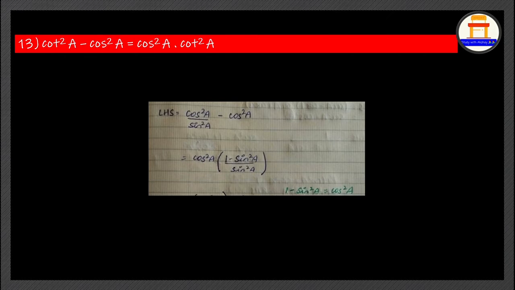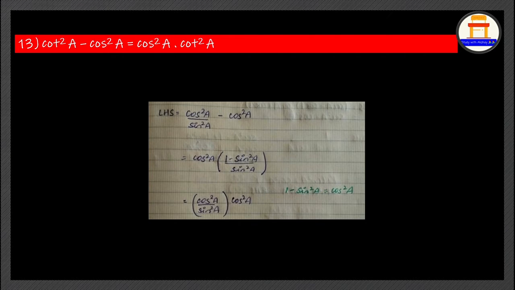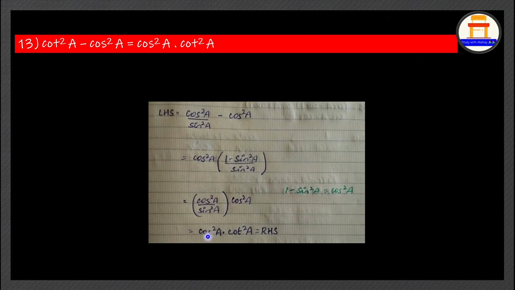We are all aware of this identity, which is written in green color over here. 1 minus sine square A is nothing but cos square A. So cos square A by sine square A into cos square A, that is cos square A into cot square A, which is the required result at our RHS.